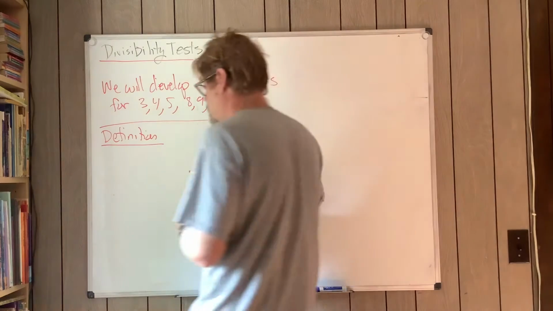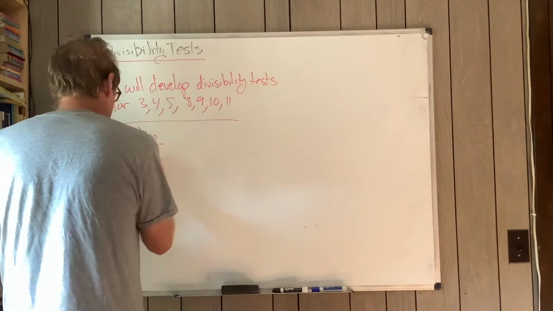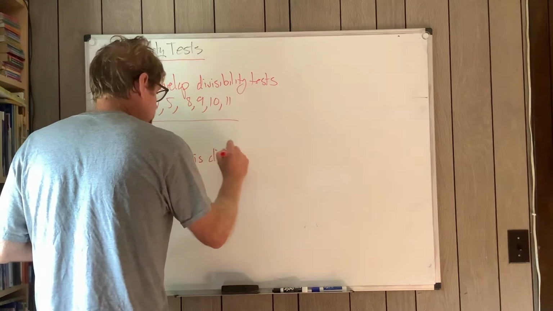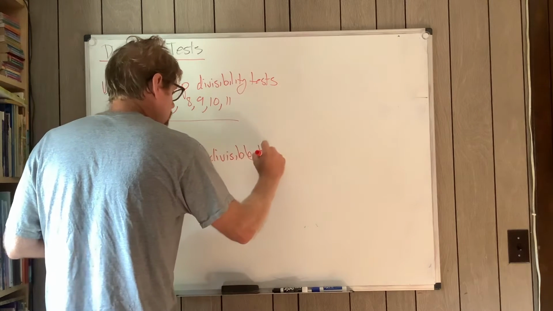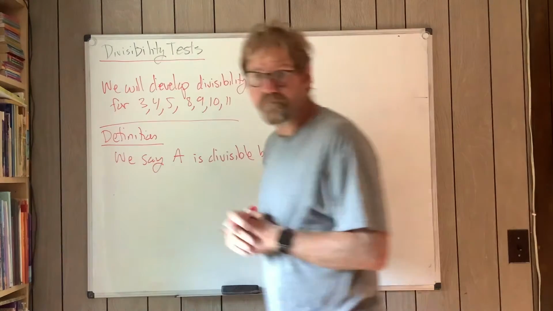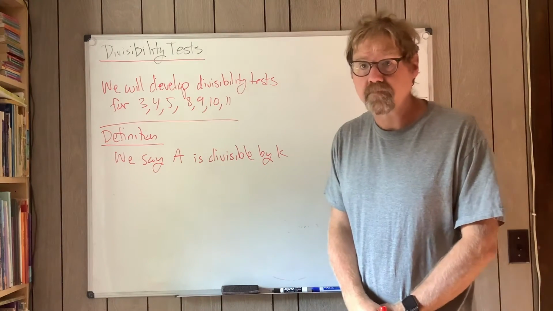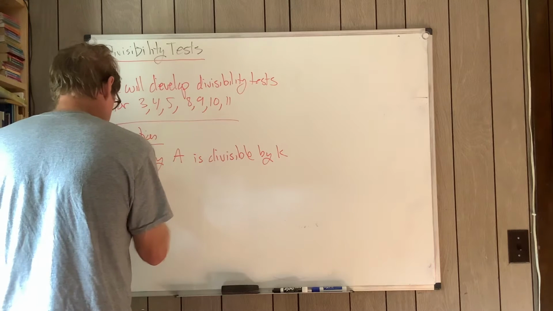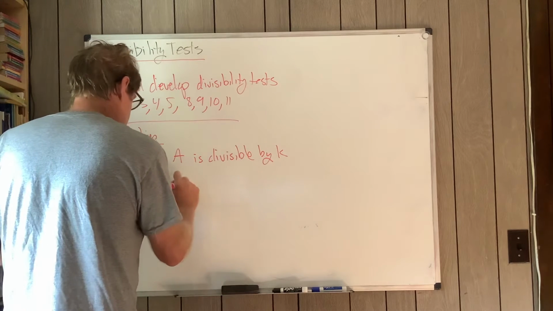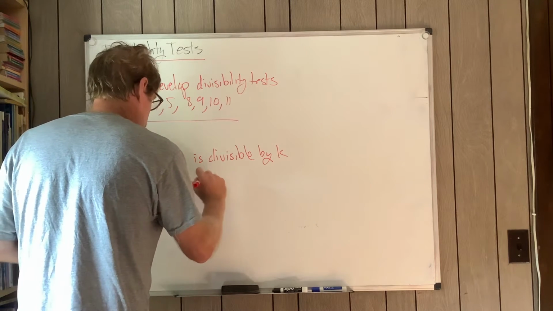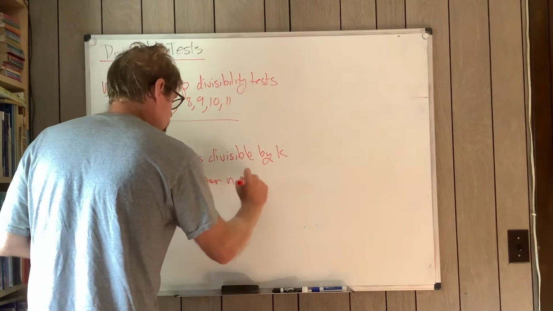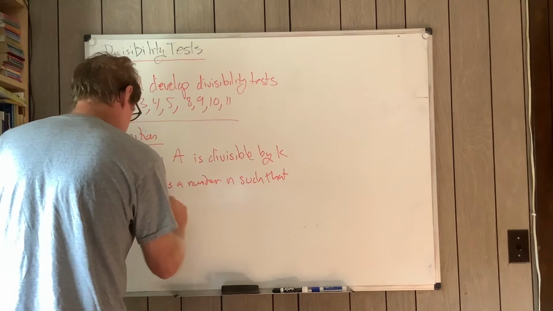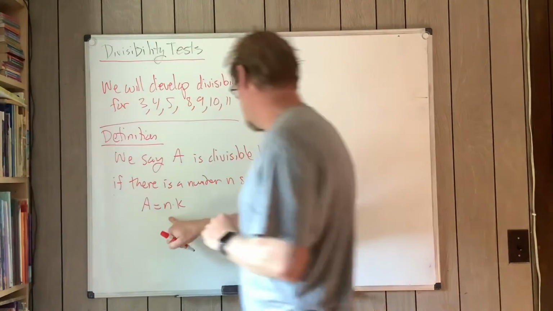So we say some number A is divisible by another number K if there is a number n such that A is n times K.